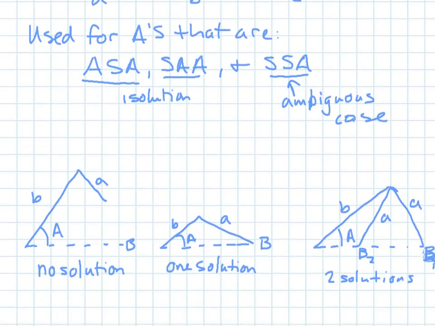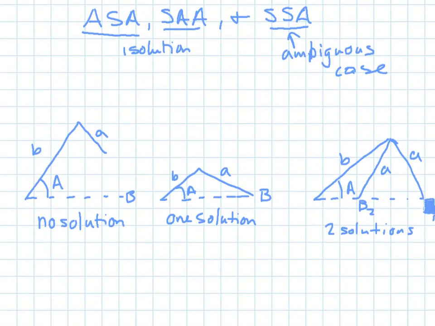So, for this particular one, there are three possibilities for solutions. You could have no solution. That means that your angle is too great and the side opposite of it is too small to connect to whatever side c would be to create an angle for B. So therefore there's no triangle that's possible.